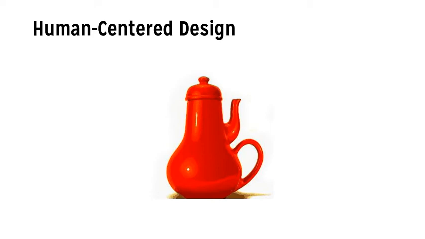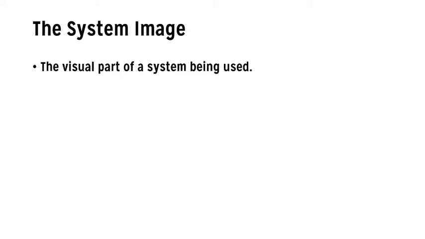And one of the ways we do that is by understanding the system image. Now, the system image is the visual part of a system that's being used. Think about logging into a website. What if you went to a website, you knew you were supposed to log into it, but you couldn't find the button where you needed to go to log in? The fact that that button is not there is representative of an incomplete system image.